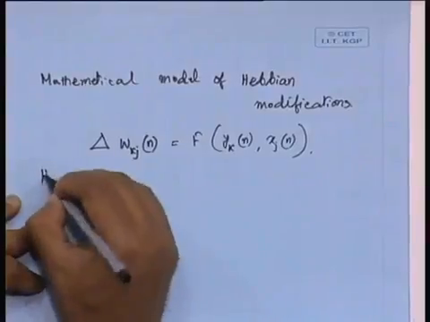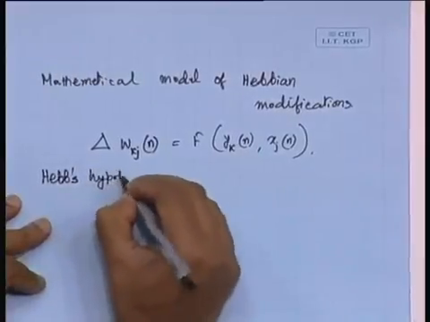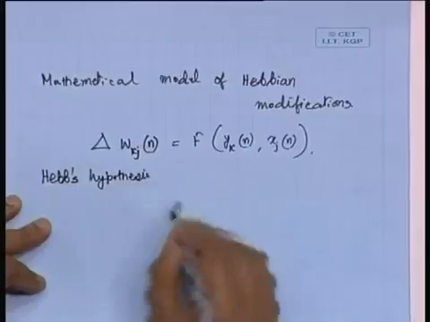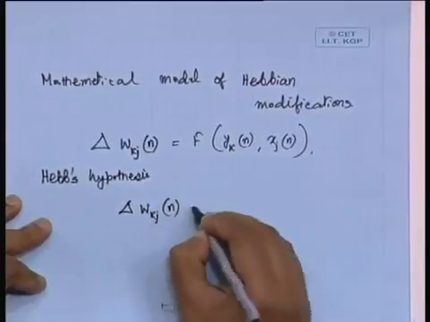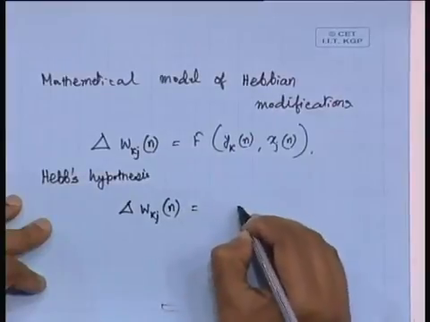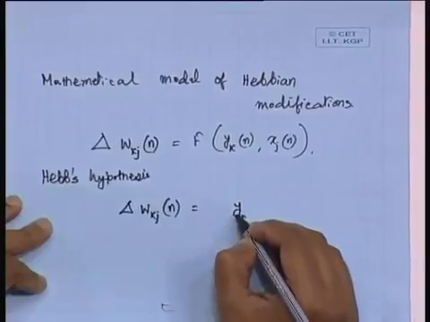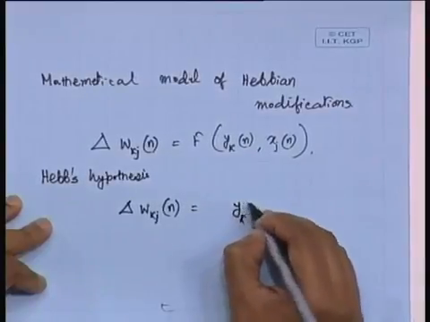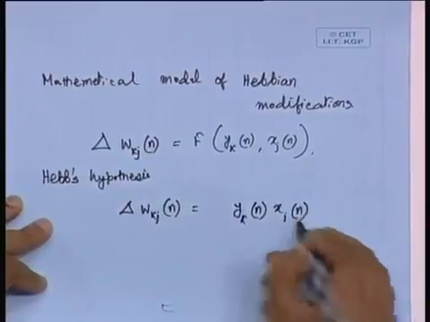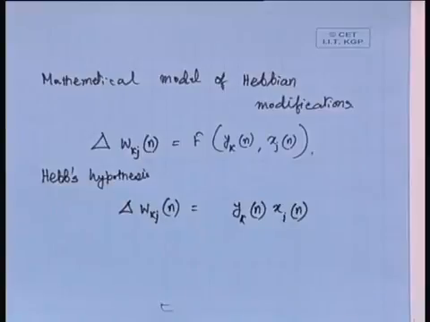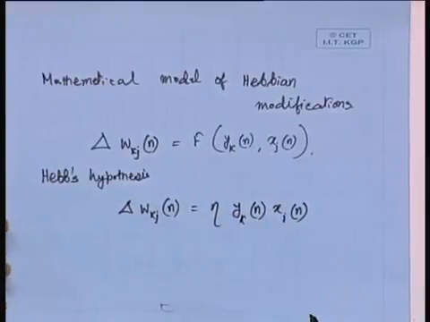Now, according to Hebb's hypothesis we can define delta Wkj at the time step n as the product of the postsynaptic and the presynaptic signals, which means Yk of n times Xj of n, multiplied by the learning rate.